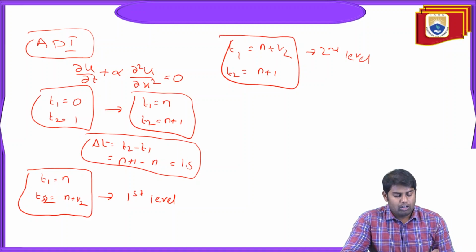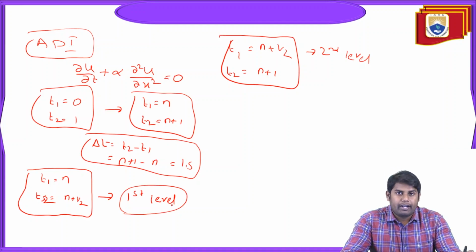Because we have already written here about the levels, we will write separately what the first level is and what the second level is, and we will see the equations clearly. Now we will see what happens in the first level and what happens in the second level.